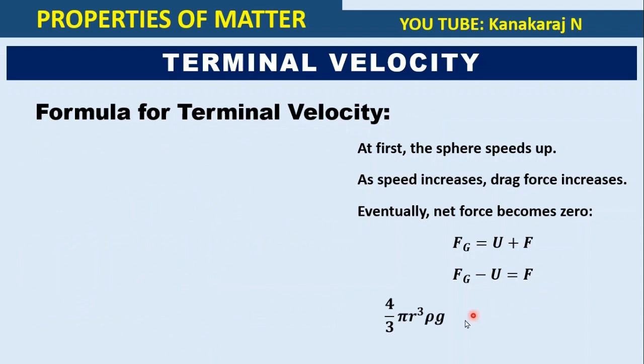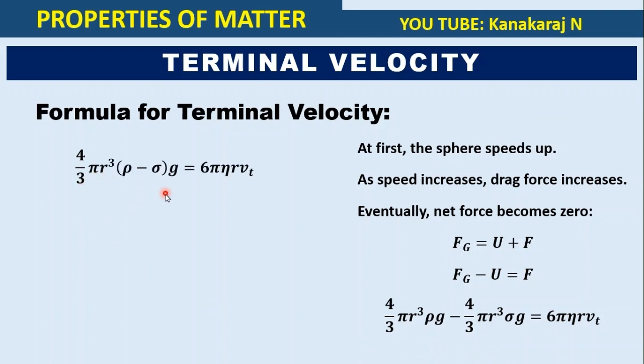Fg is 4 upon 3 pi r cube rho g, epsilon is 4 upon 3 pi r cube sigma g, F is 6 pi eta r Vt. On the left hand side, we have a few common terms. So 4 upon 3 pi r cube g is the common term, with rho minus sigma in brackets, equals 6 pi eta r Vt. Here, a few terms get cancelled. The pi gets cancelled. One r gets cancelled.